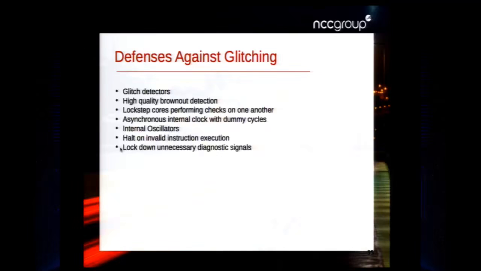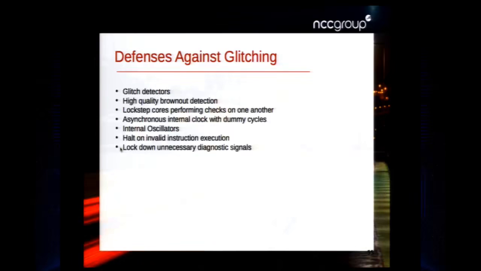So if you're on the defense side, you should try to look for devices which have glitch detectors, good brownout detection, lockstep cores performing checks on one another, asynchronous internal clocks with dummy cycles, and devices with internal oscillators, because if they have an internal oscillator, you can't really clock glitch it.